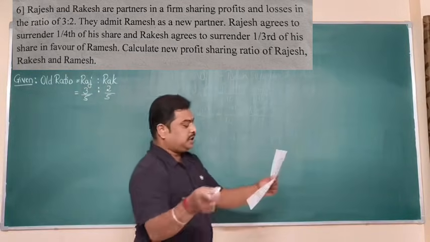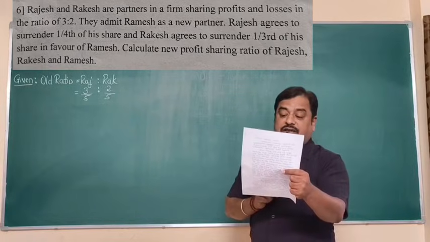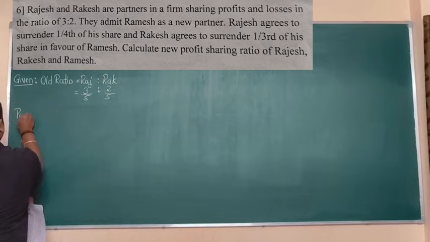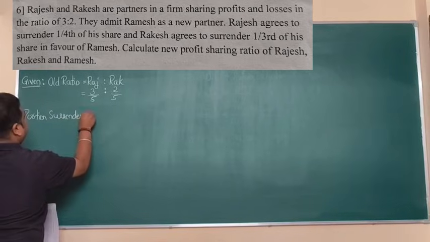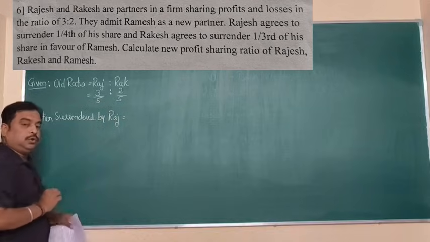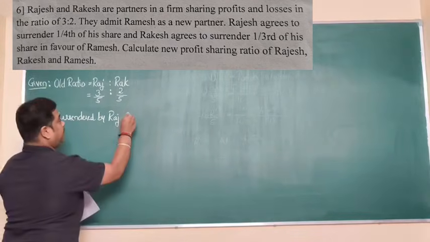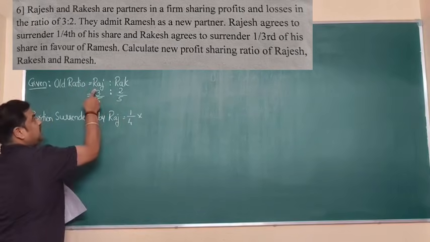New partner Ramesh, his share is not given, we'll try to find it out later. Rajesh agrees to surrender, so portion surrendered by Rajesh is equal to, how much is he surrendering? 1/4 of his share. What is Rajesh's share?